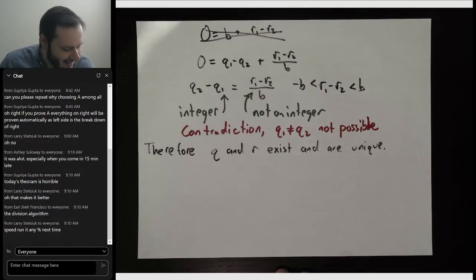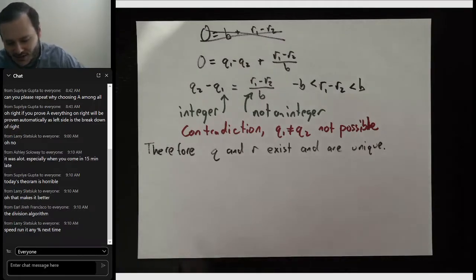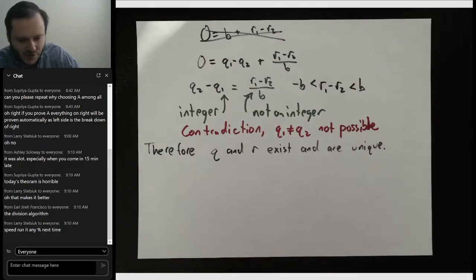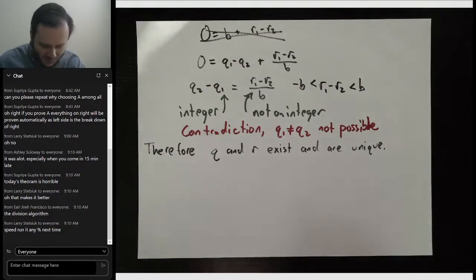Speedrun it. Maybe not grade 2. Grade 3 or 4 at least, though, you were dividing. Why are we worried about dividing? Well, this proof is what makes your computer work. So if you like your computer, thank the division algorithm.